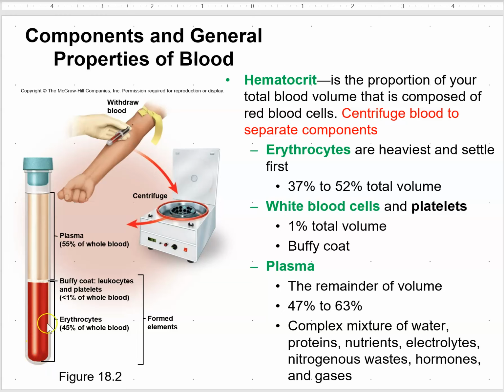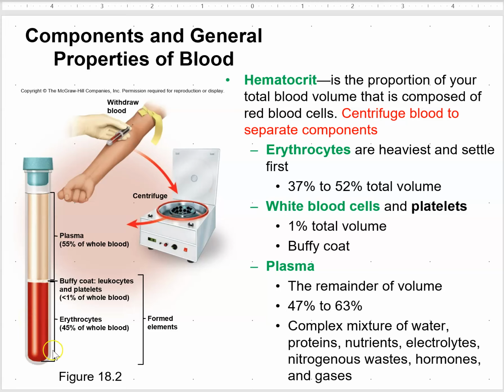This is significant because if the concentration of red blood cells is really high, it can make the blood really thick. But if it's really low, the blood is really thin. And they can also tell us about blood conditions like anemia.